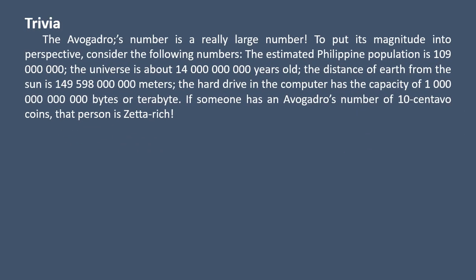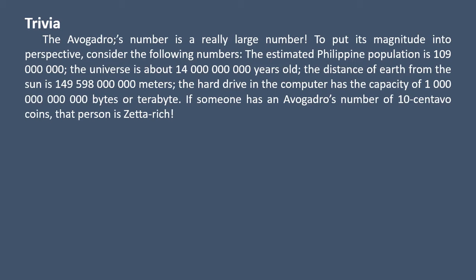Did you know that Avogadro's number is a really large number? To put its magnitude into perspective, consider the following numbers. The estimated Philippine population is 109 million. The universe is about 14 billion years old.